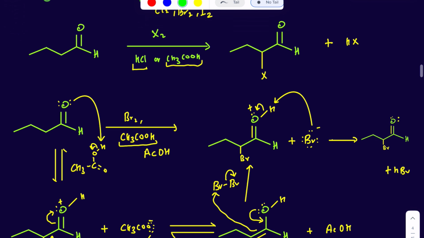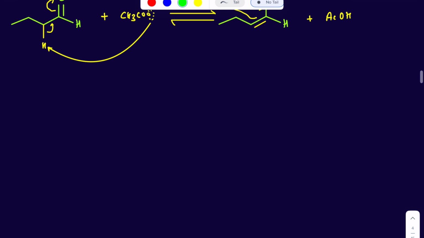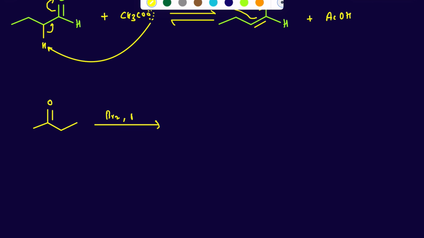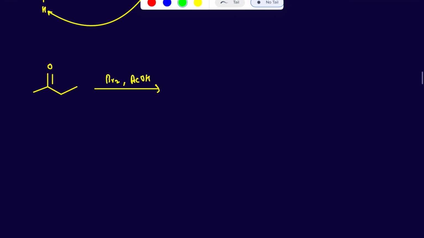And if you run into a situation where you have multiple alpha positions, you may end up getting a mixture of products. Like for example, suppose I was using this ketone here and doing this with Br2 and acetic acid, or even HCl. Now I see I have an alpha position on the left side and an alpha position on the right side. So then the question is which position does the bromine get installed to?